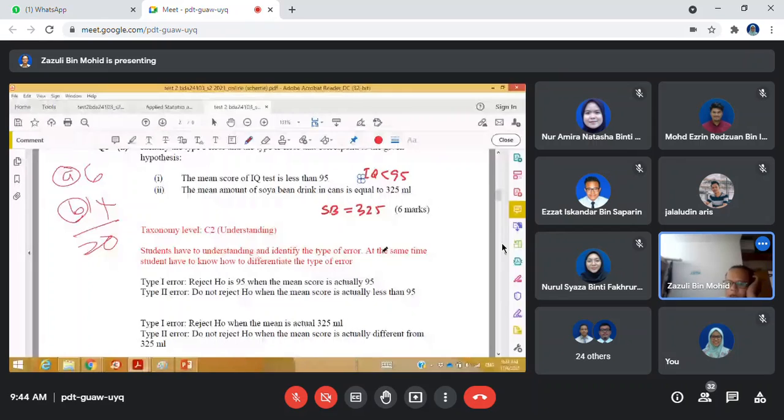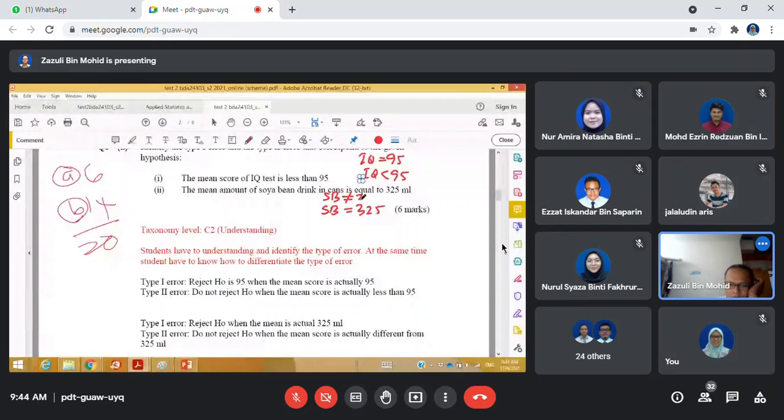So this one, we have a possibility like this, not equal to 3.5.